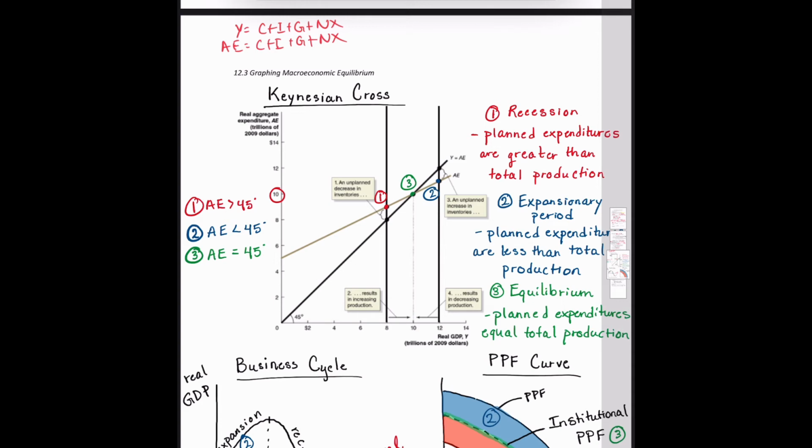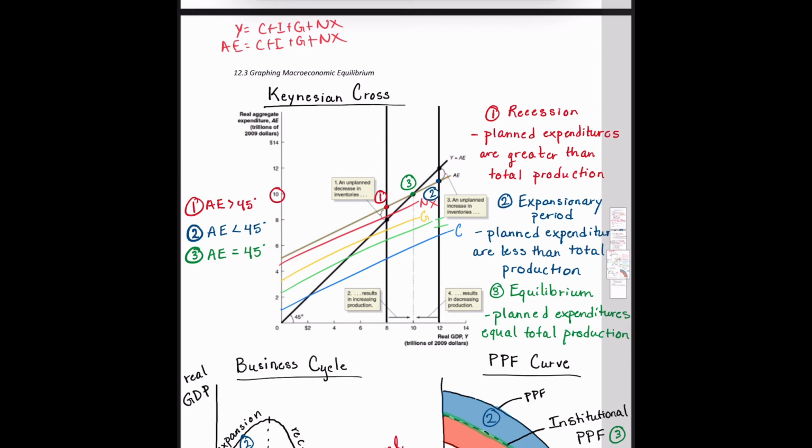So here we're just showing the aggregate expenditure line, but we could graph each line respectively. If I were to put this as the consumption line, C, then I could put this as I, and then I could put this as G, and then I could put this as NX, and then they would all add up to equal aggregate expenditure.